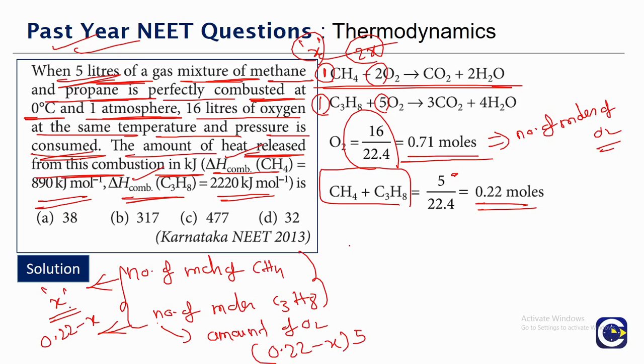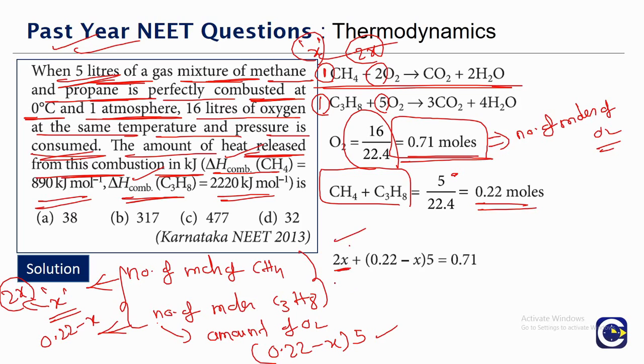So the oxygen required is 2x for methane and 0.22 minus x into 5 for propane. If we add these two amounts, that should be equal to the given amount of oxygen, which is 0.71 moles. Where does 2 times x come from?